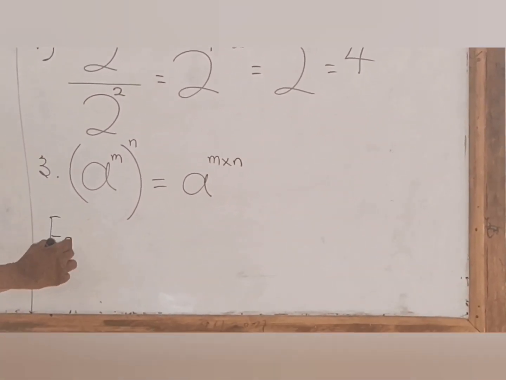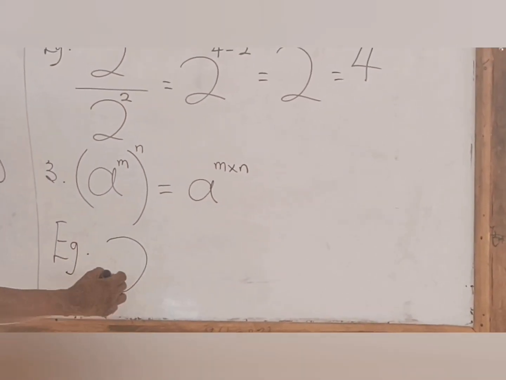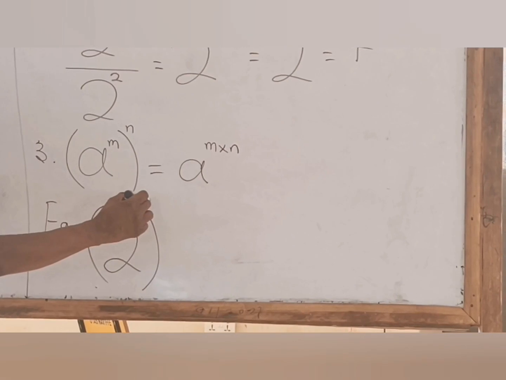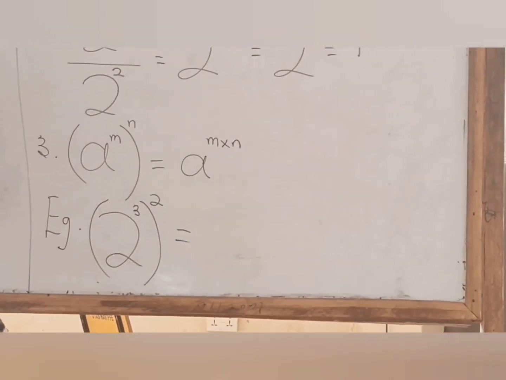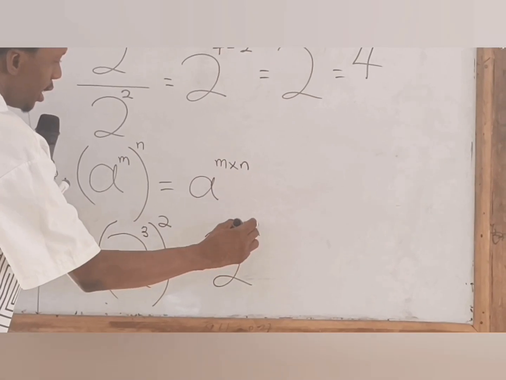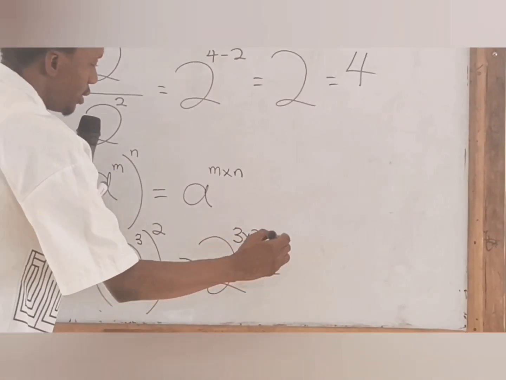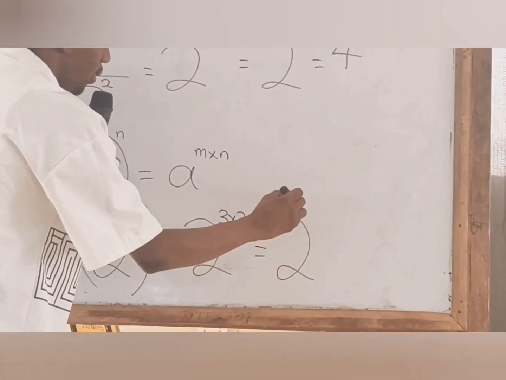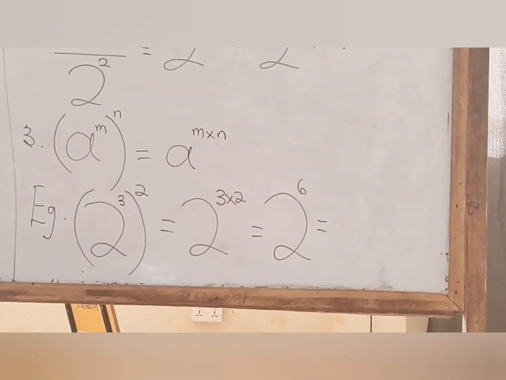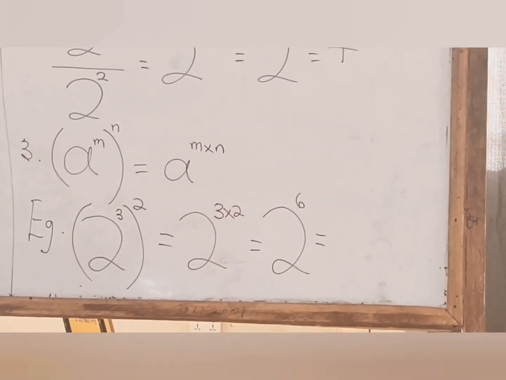For example, 2 to the power 3, all to the power 2, is the same as 2 to the power 3 times 2. So I'm going to get 2 to the power 6. What is 2 to the power 6?